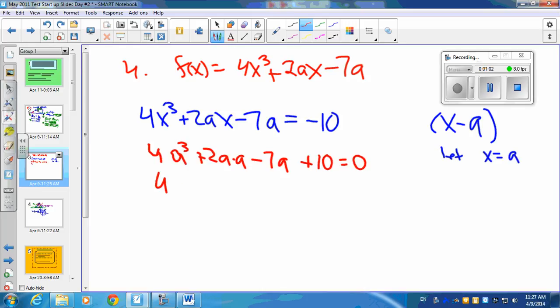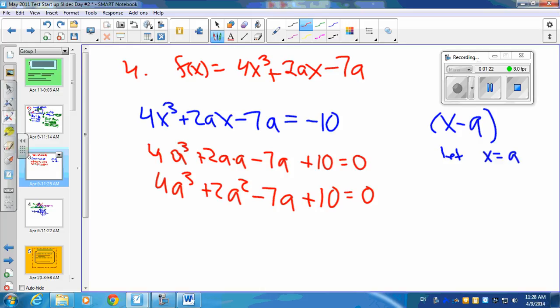And so you're going to get 4a cubed plus 2a squared minus 7a plus 10 equal to 0. Is that all right? I put the a in for x, and I moved everything to one side.